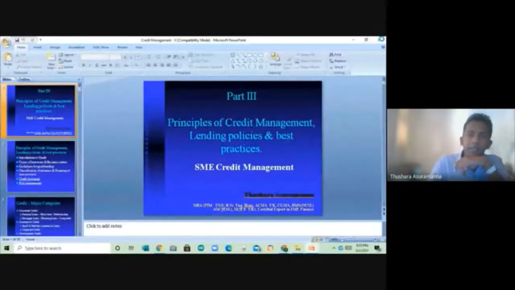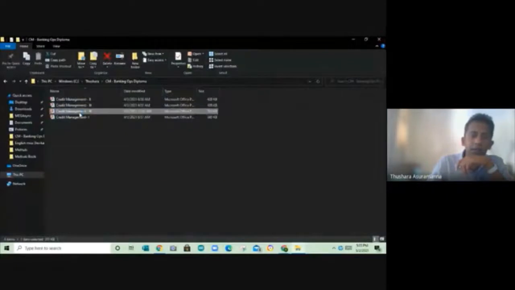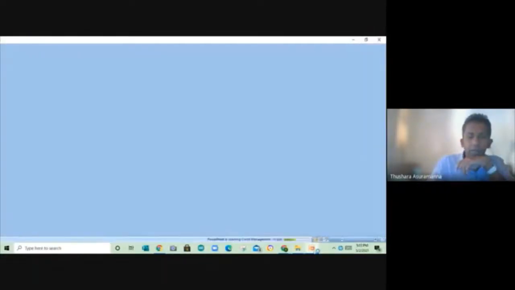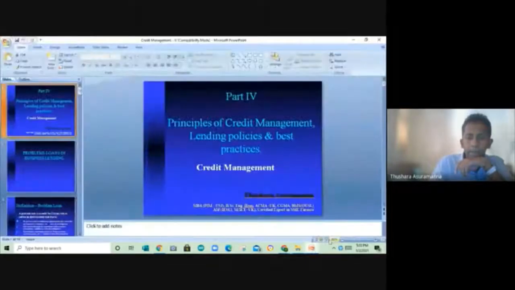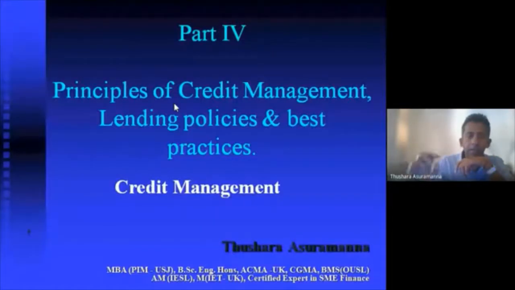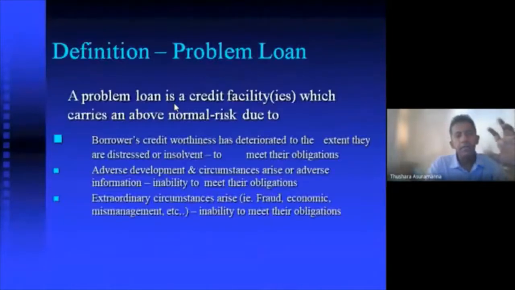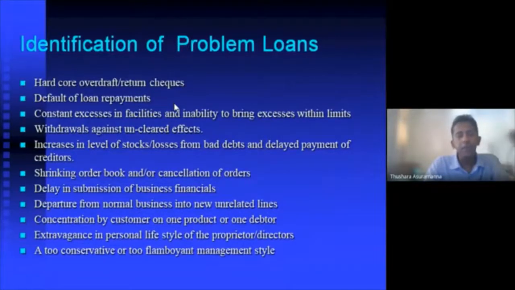So with that, we completed part 3, and part 4 is basically about recovery and follow-up. There are 3 important areas. That is identification: what is a problem loan? A problem loan is above normal risk, and we try to identify it by different methods.